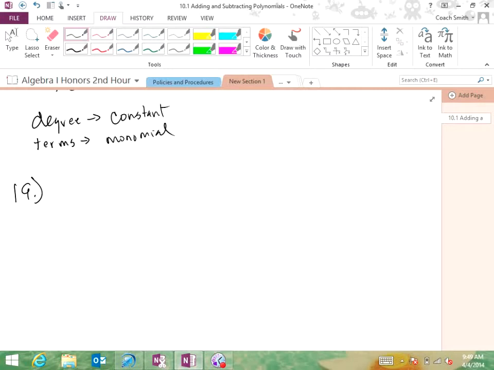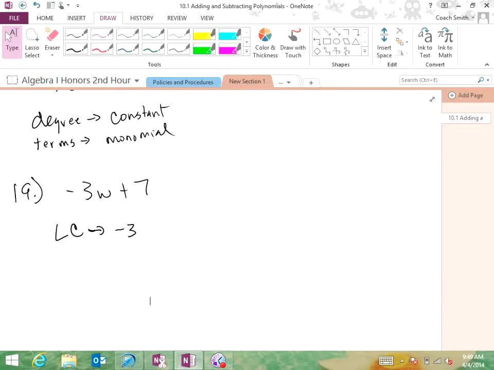So let's look at number 19. Number 19 says negative 3w plus 7. So they want the leading coefficient, LC. What is the number, if it's listed in standard form? What is the first number? Negative 3. The coefficient is only the number, not the term.